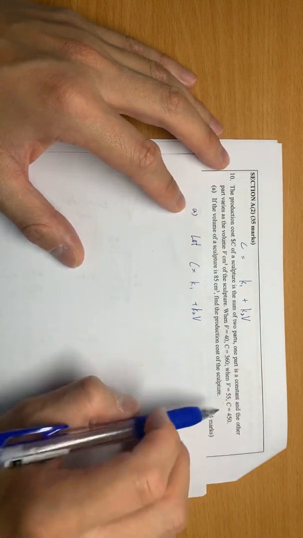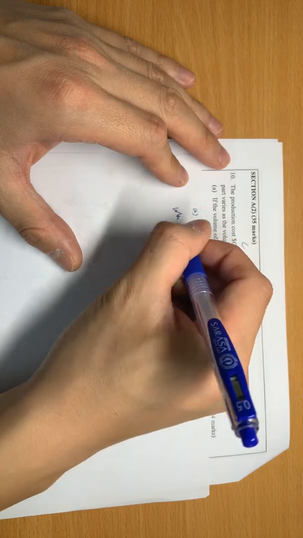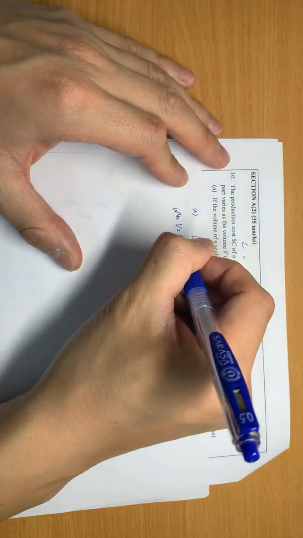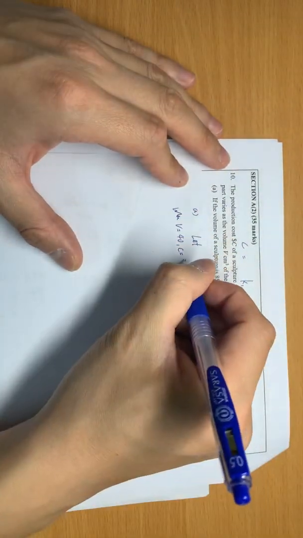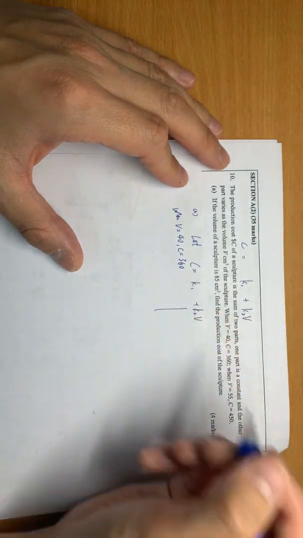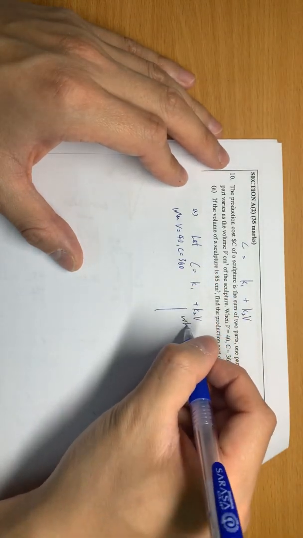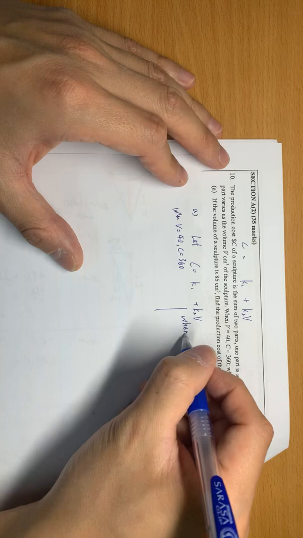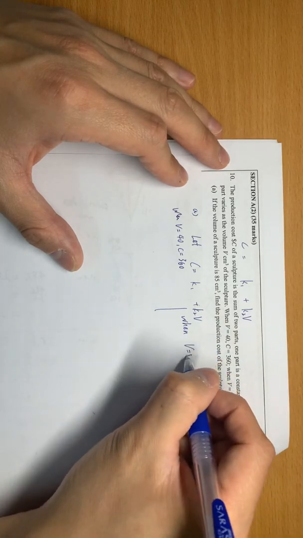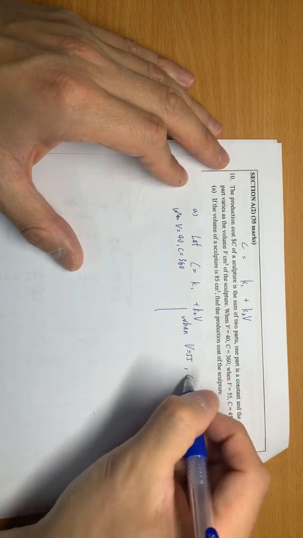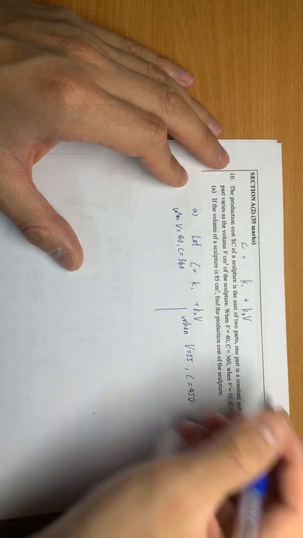So again, they give you two cases. When V is equal to 40, then C is equal to 360. This is case 1, and then they tell you case 2 in order to get K1 and K2, the two unknowns. When V is equal to 55, then C is equal to 450.